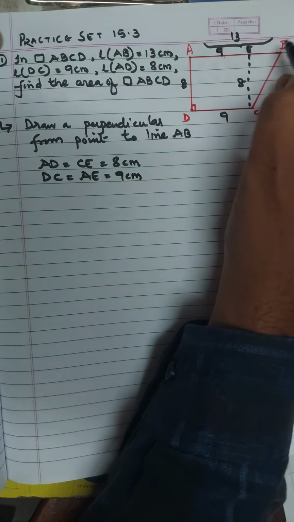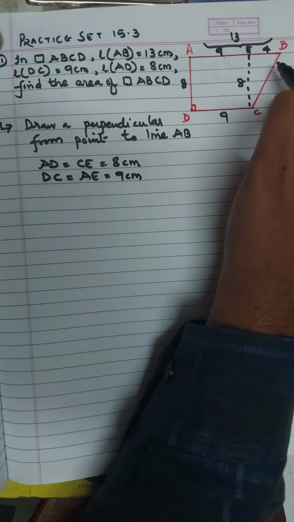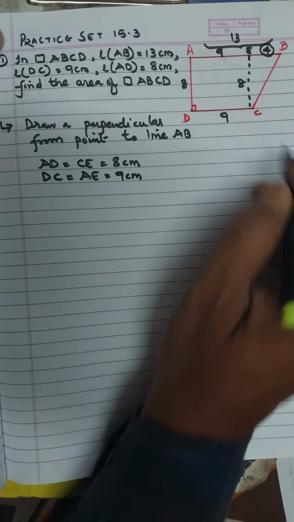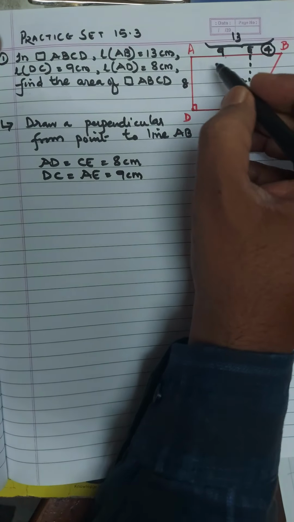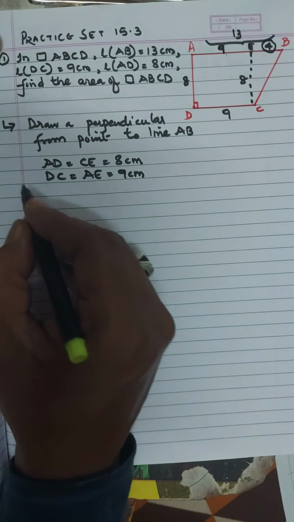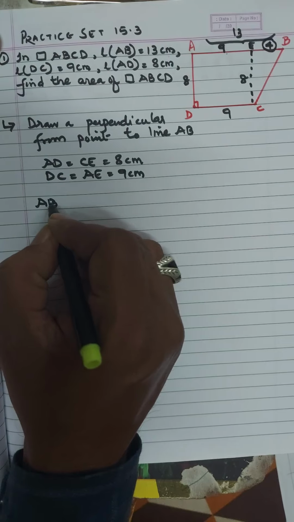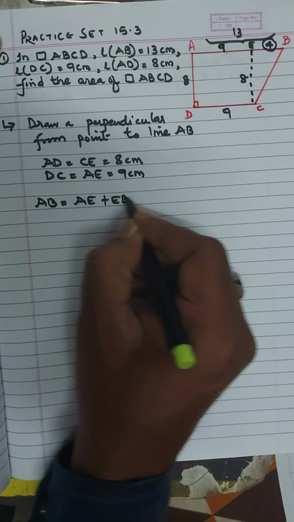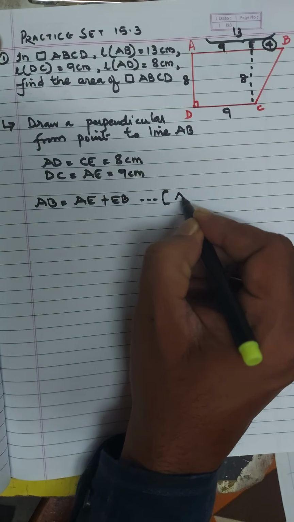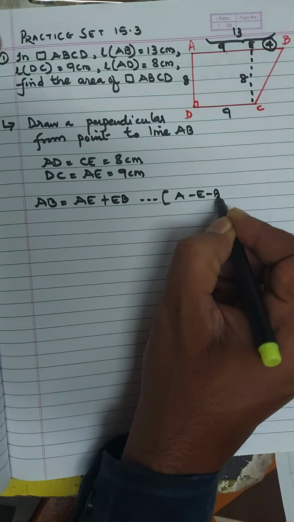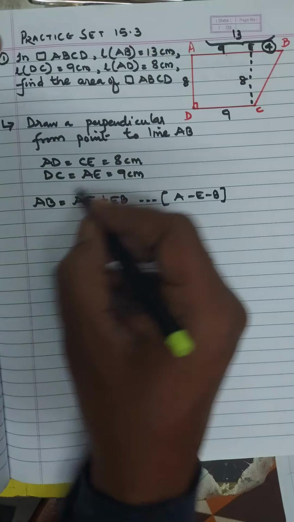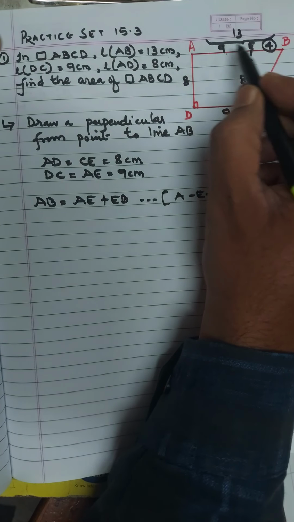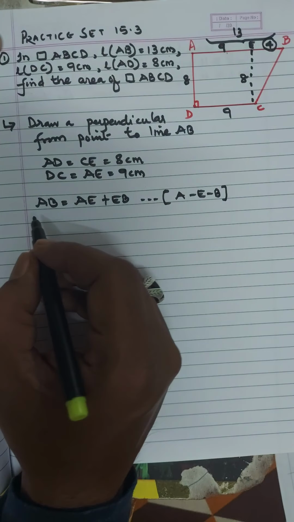So 13 minus 9, the EB is 4. We can also take out the value by the betweenness formula. AB is equal to AE plus EB. What is AB here?